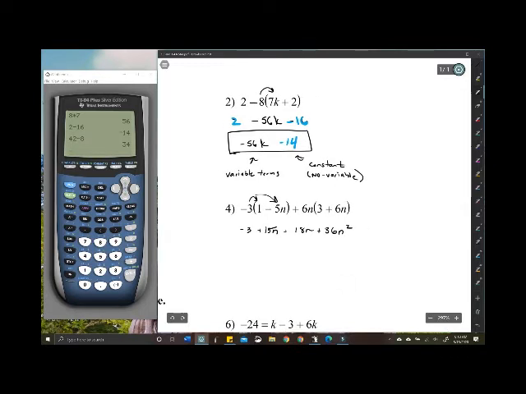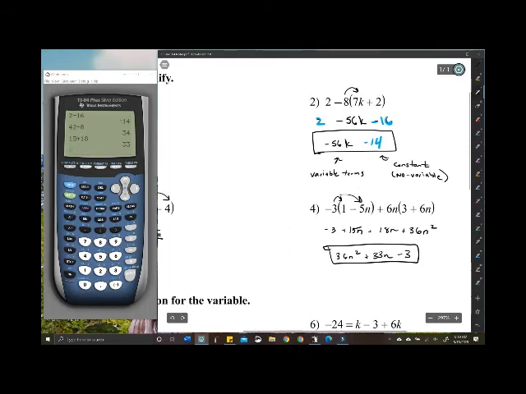All right, so as we look for like terms, 36n squared, add the regular n's, 15 plus 18 should be 33. And then our constant, minus 3. All right, so that is that one there.